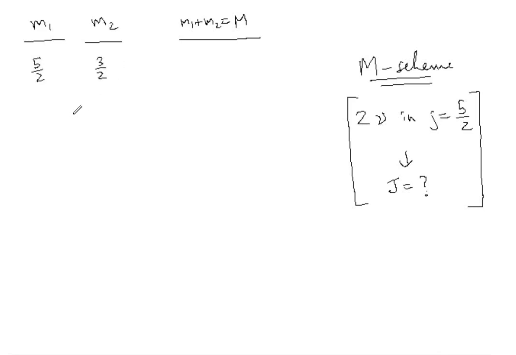So what is the other value it can have? It can have 3 by 2, it can have half, it can have minus half, it can have minus 3/2, and you see it can also have minus 5 by 2 for the same value of M1 is equal to 5/2.